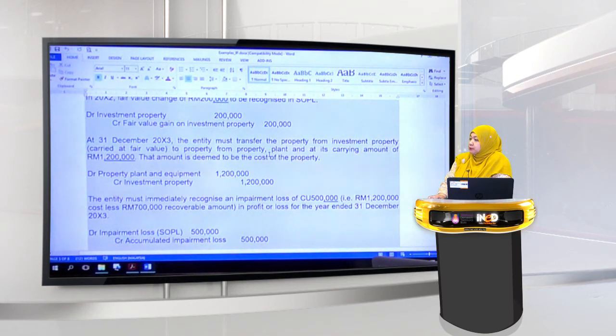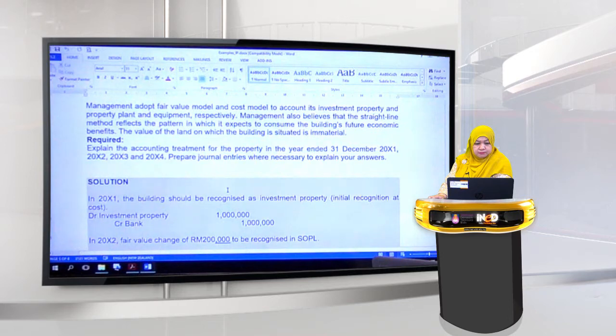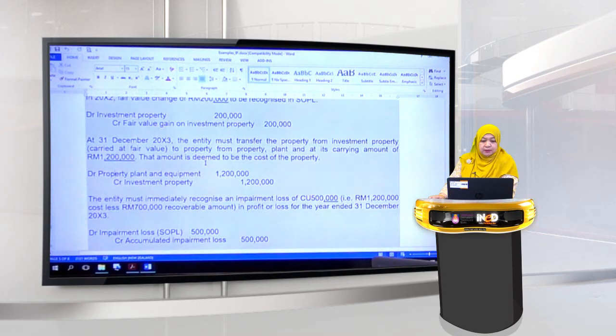That amount is deemed to be the cost of the property. So we debit property, plant and equipment 1.2 million, and then credit investment property 1.2 million.